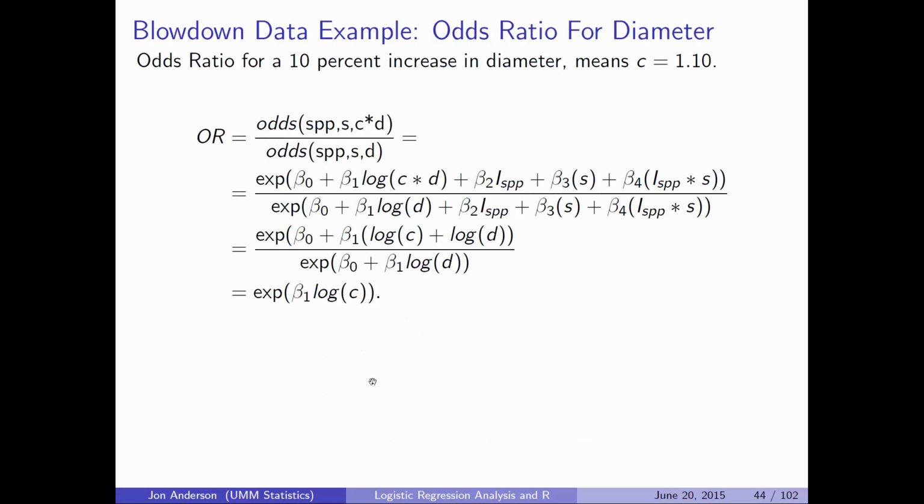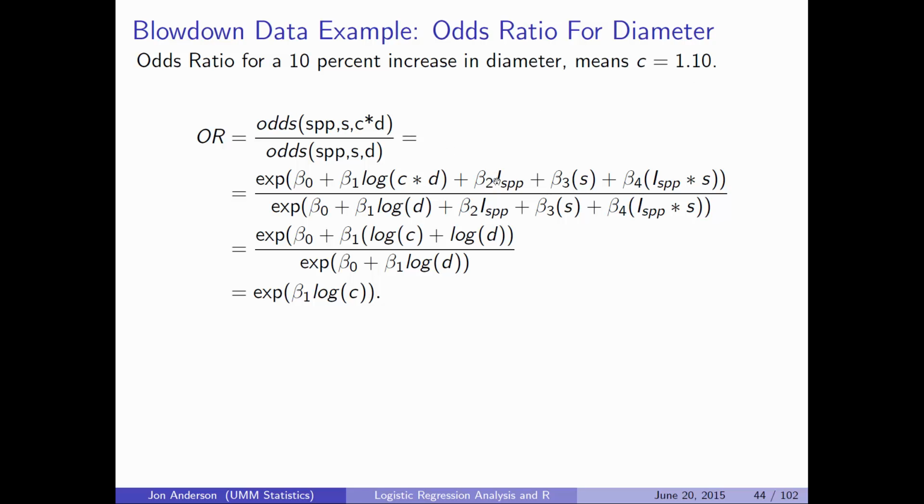Well, let's think about odds ratios. Let's think about the odds ratio for the diameter effect. This is not an interacting effect, but let's just take a look at what you would do. Remember, diameter is measured in log diameter, so let's think about increasing diameter by 10%. That means you're multiplying the diameter by 1.10, and the logistic regression odds function for 10% more diameter would be e to the beta naught plus beta 1 times the log of this multiple of diameter, where c is 1.10.